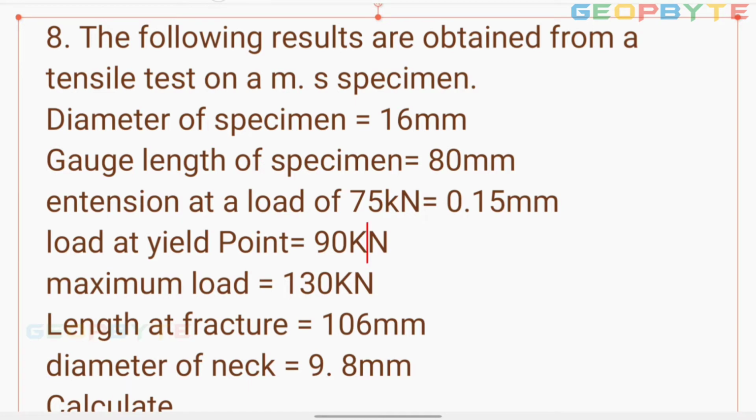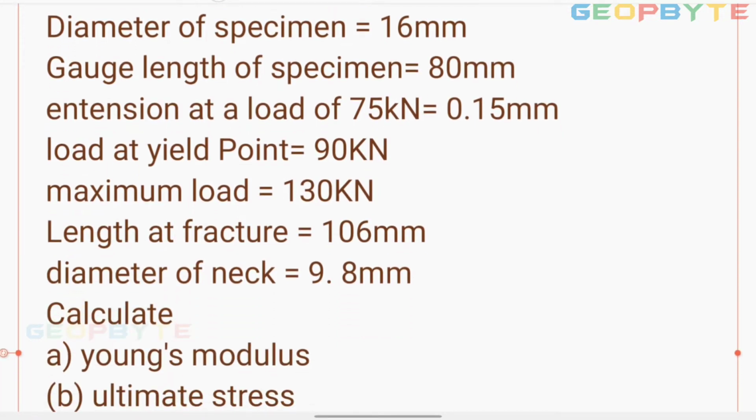The following results are obtained from a tensile test on a MS specimen. MS means mild steel specimen. Diameter of the specimen 16 mm. Gauge length of the specimen 80 mm. Extension at a load of 75 kilonewtons is 0.15 mm. Load at yield point 90 kilonewtons.